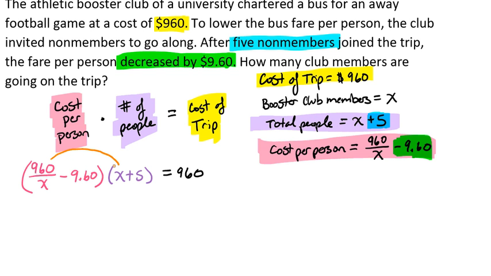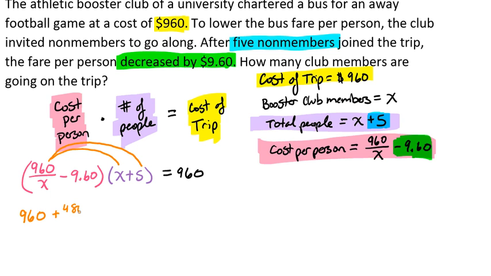We're going to take our 960 over x times x, and that's going to give us 960 because the x's will cancel out. Then we're going to take our 960 divided by x and multiply that by 5. If we take 960 and multiply that by 5, that's going to give us 4,800.